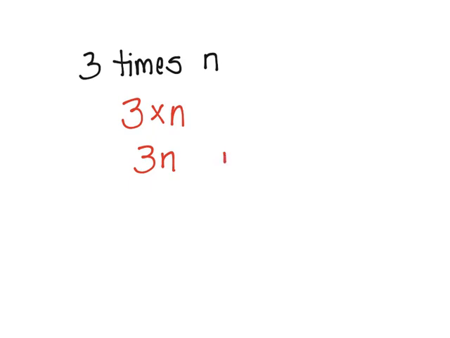You can't do n3, okay? You always have to put the number first. Now you could say n times 3, because of the property where multiplication doesn't care about the order, but when you write them right next to each other, the number always goes before the letter.